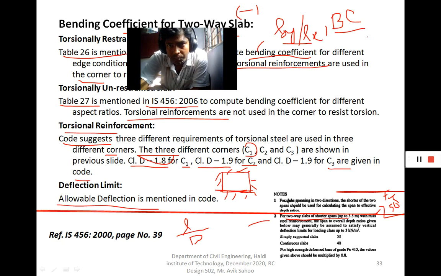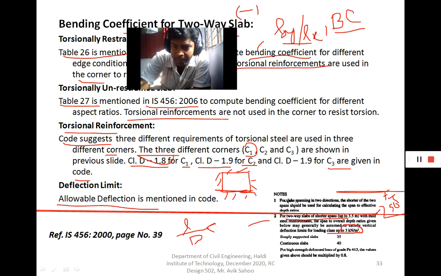and also to compute moment the shorter span is considered. And satisfy the span by depth, which should be less than the vertical deflection limit for loading class up to 3 kN per meter square.